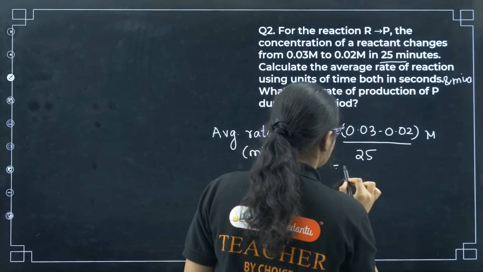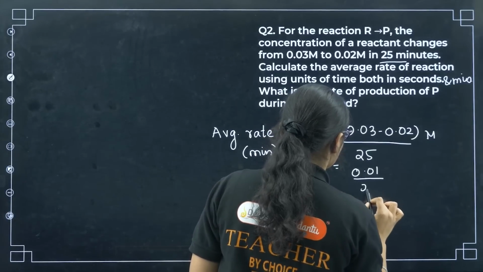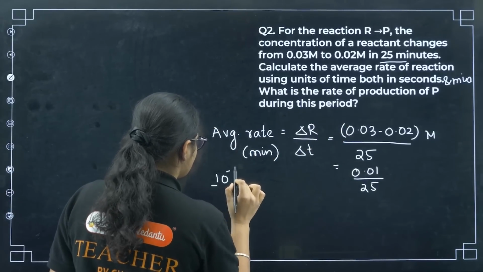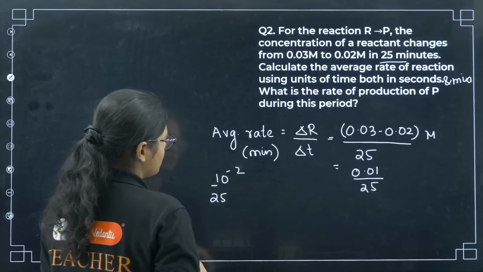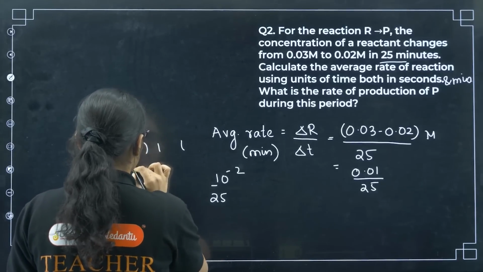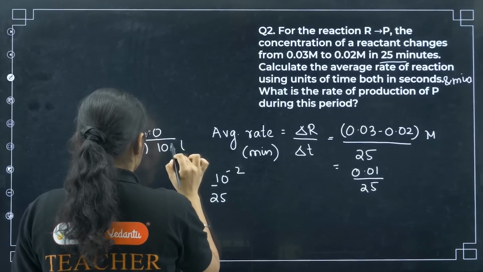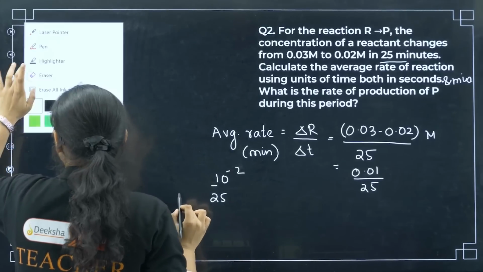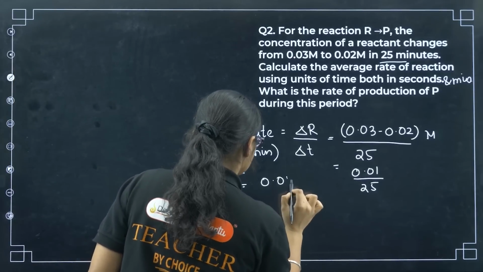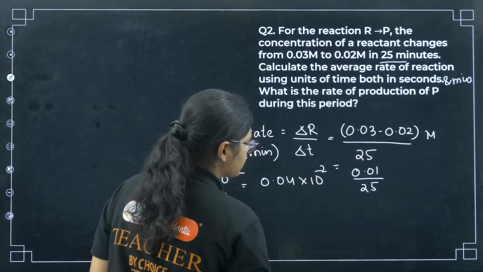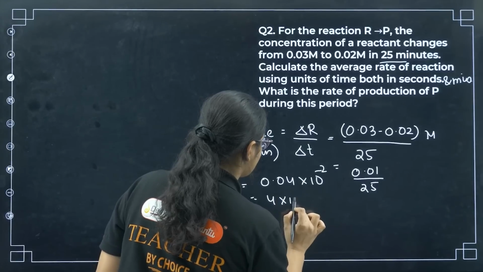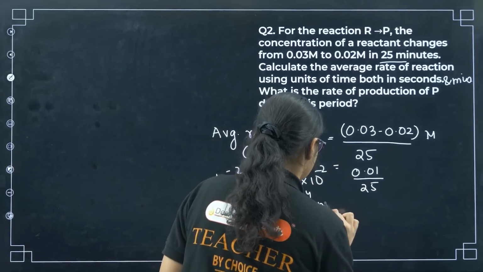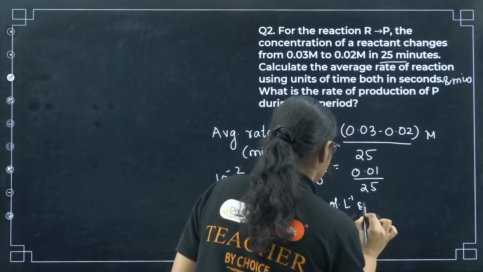If I solve this, I get 0.01 by 25, so I can write 10 to the power of minus 2 by 25. 1 by 25 is 0.04, right? Yes, 0.04. So I can write it as 0.04 into 10 to the power of minus 2, or 4 into 10 to the power of minus 4. Clear? So this is your average rate in minutes, and the unit is moles liter inverse minute inverse.